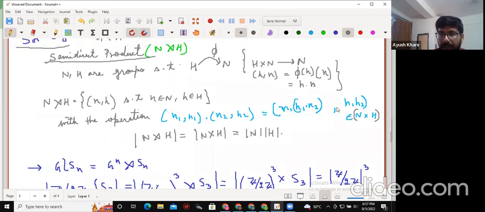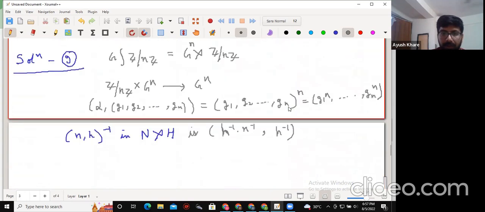So when this composition is equal to identity, that is (1, 1), when h1 h2 is equal to 1. So h1 h2 is 1, that means that h2 is equal to h inverse, right? Second component is easy to compute, and in this component also you need the value of n2. So once you put in place of n2 h1 inverse n1 inverse, what will you get?